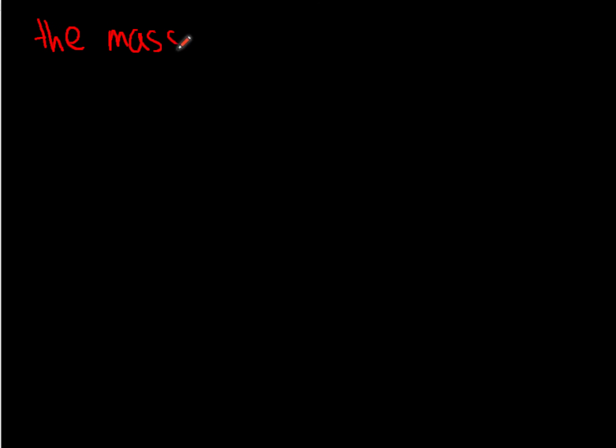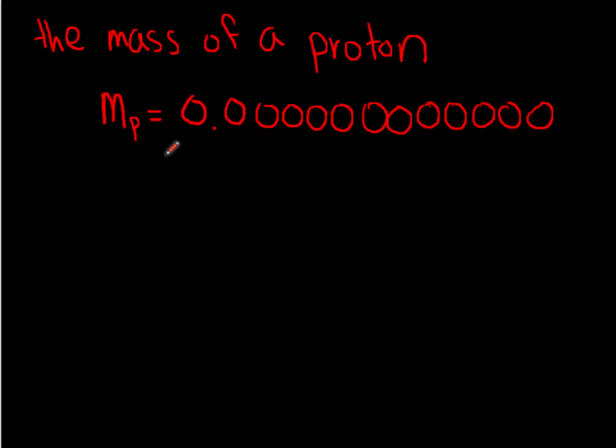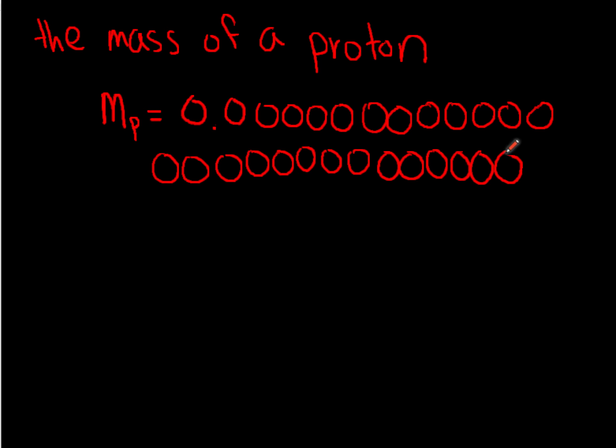The mass of the proton, on the other hand, which is a subatomic particle found in the nucleus of an atom, is very, very small. The mass of the proton is 0.26 zeros 167 kilograms.